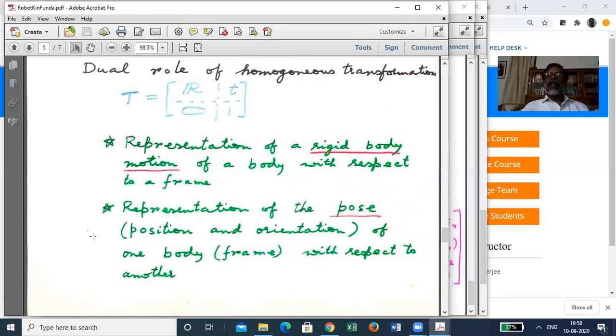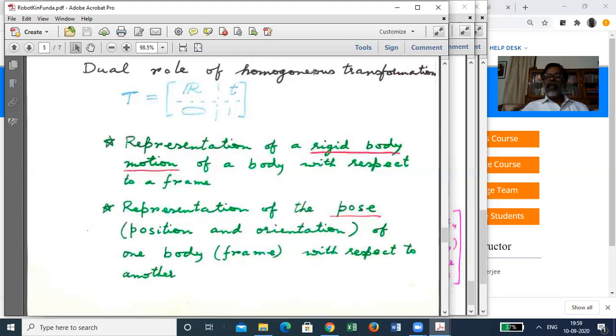So if this matrix represents the position and orientation of a rigid body with respect to a base frame, that means this same matrix will represent the rigid body motion which would be required to bring this body from the fixed frame's position and orientation to its own current frame position and orientation.